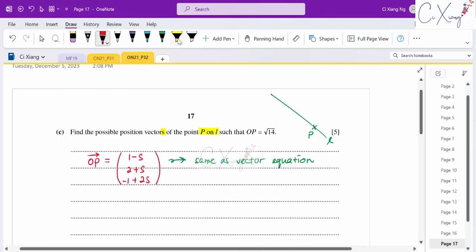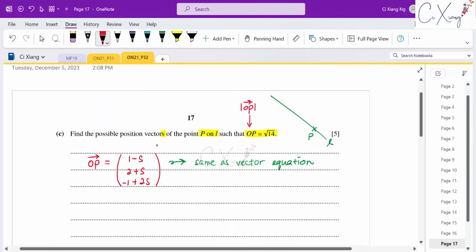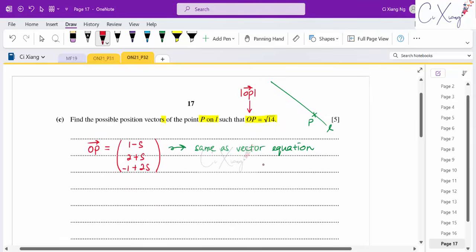Now they give us the information where OP equals square root 14. For this one, OP means the length of OP, or the modulus of OP. So they are telling you that the modulus of OP equals square root 14. How to find out the modulus of OP?